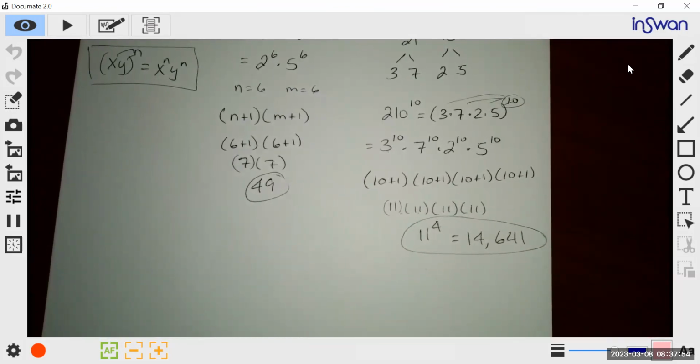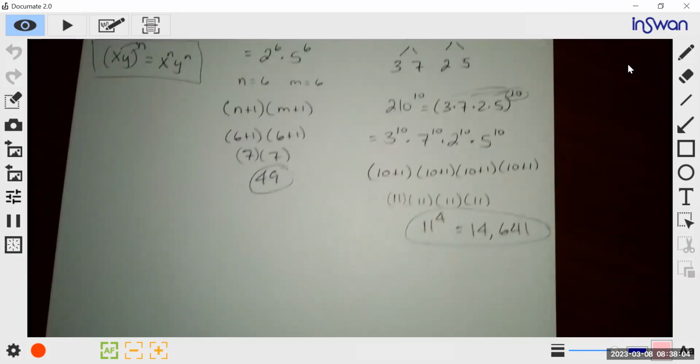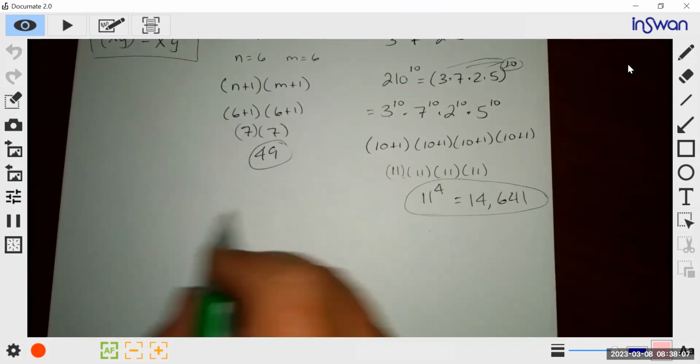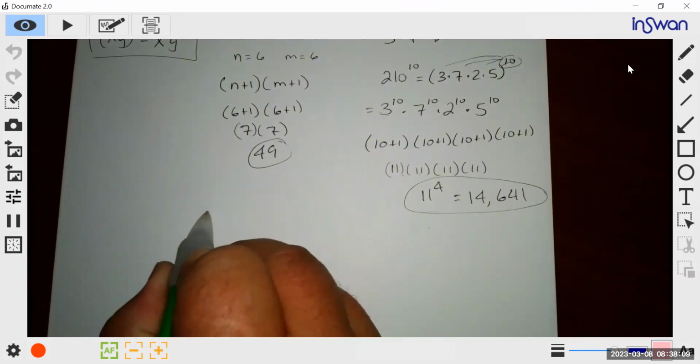So you break the number down to its prime factors, and whatever exponent you had on the original, just push it over. How about if we had something like this?